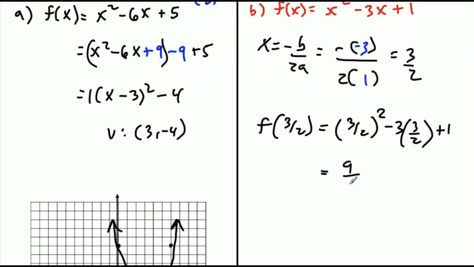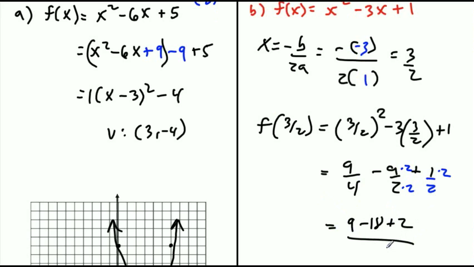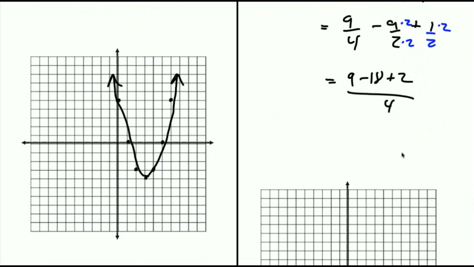So we'll get 9/4 minus 9/2 plus 1. Let's get a common denominator. So multiply that by 2, multiply that by 2. So we get 9 minus 18 plus 2 all over 4. 9 minus 18 is negative 9 plus 2 over 4. Which is just simply negative 7 over 4.